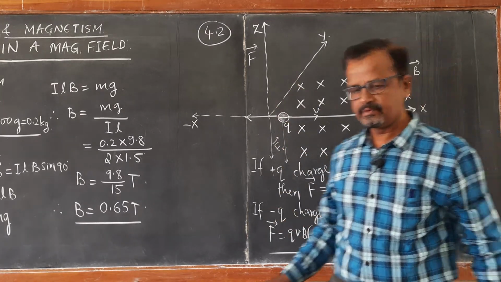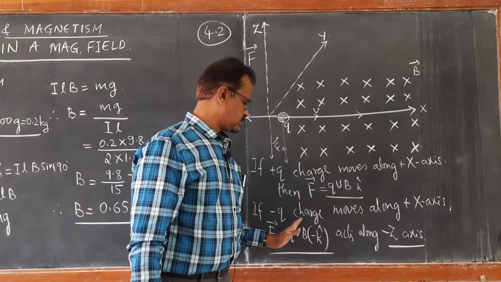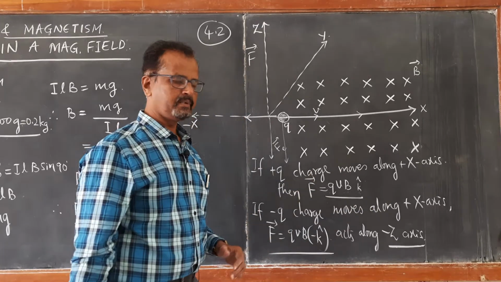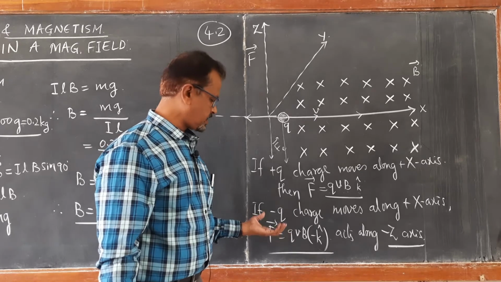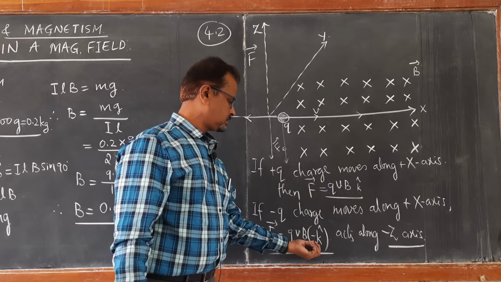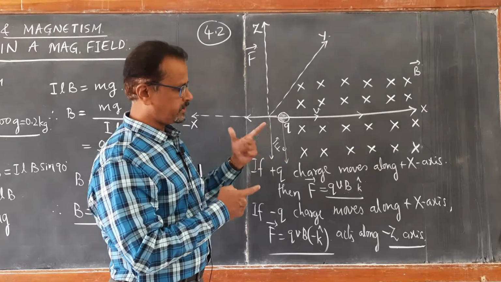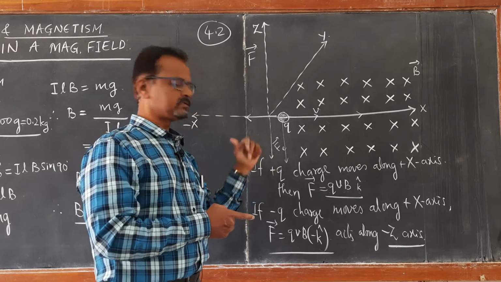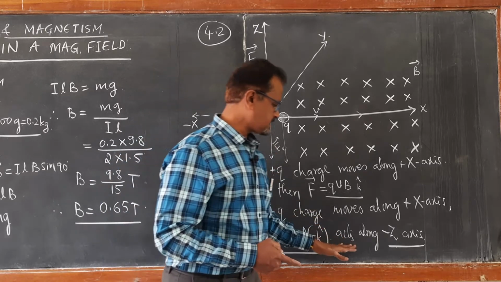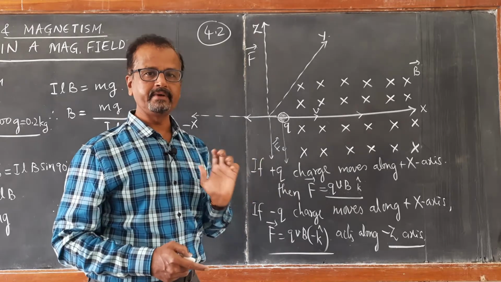So if minus q, that is, let us say minus e charge, electron, moves along positive x axis, then the force experienced by that negative charge is F equal to qvB, same magnitude, but the direction of force is now pointing vertically downwards. As a result, it becomes minus k cap. So it acts along negative z axis. So sign convention is very, very important.